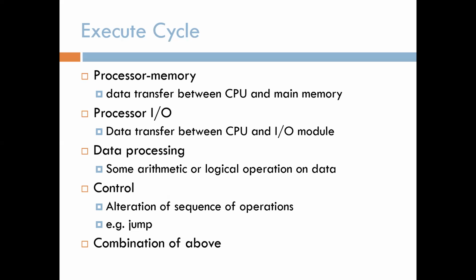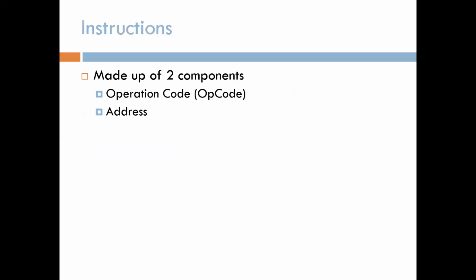But at the lowest level, instructions are just made up of two components: the operation code, or the opcode, and the address. So once the instruction enters the CPU, it needs to decode that.